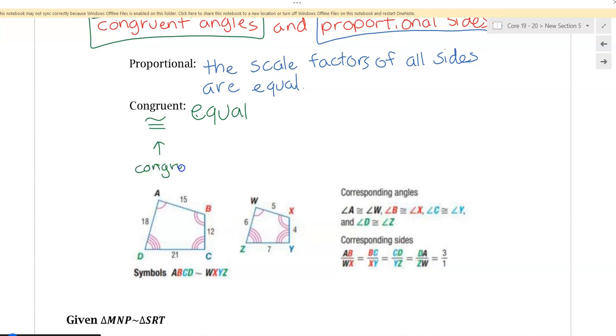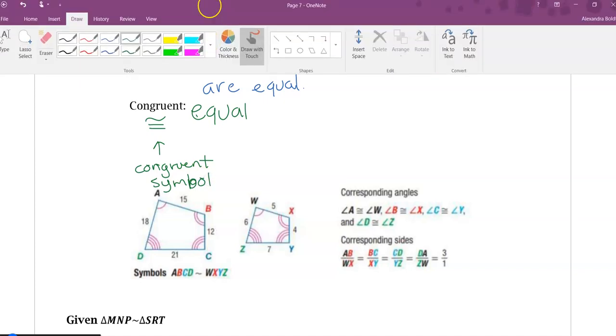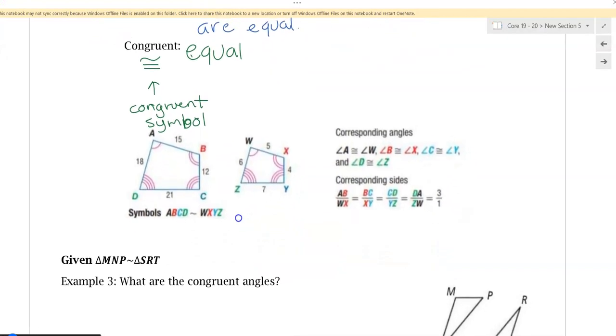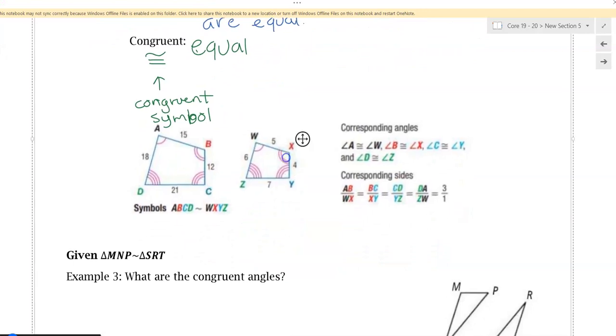This is our congruent symbol. Okay. B is congruent to X, C is congruent to Y, and D is congruent to Z.